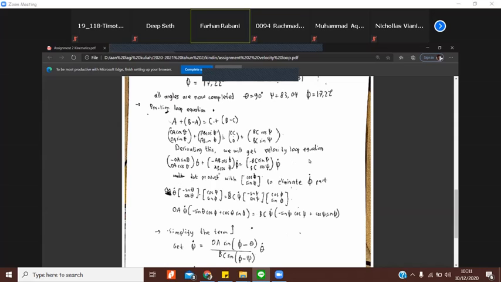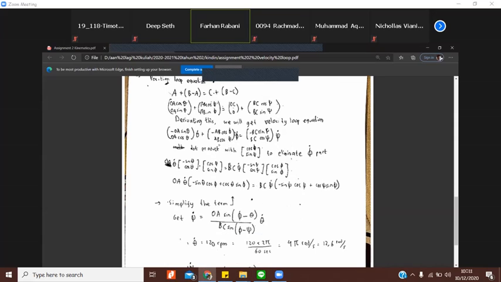We'll use the dot product. Cos phi times cos phi is cos squared phi, and sin phi times cos phi is sin squared phi. That will eliminate each other, and this term here will be eliminated from the equation.